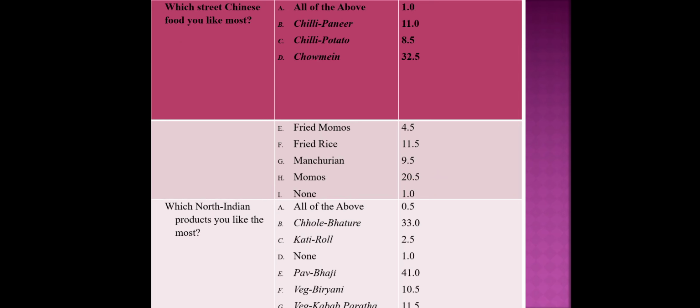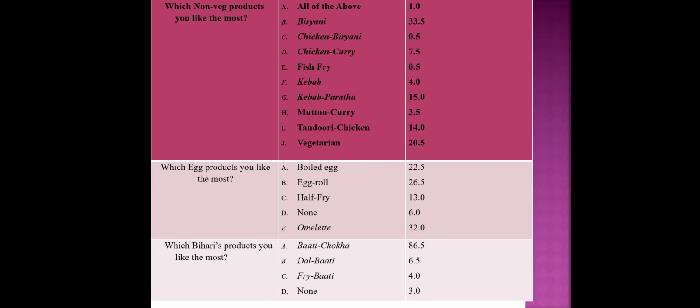After that, chole bhature with 33%. Then in non-veg products, biryani topped with 33.5%. Then in egg products, omelette topped with 32%. In Bihari products, bati chokha topped with 86.5%. Then in dried products, churmura and lai chana had a tie with 35% each.